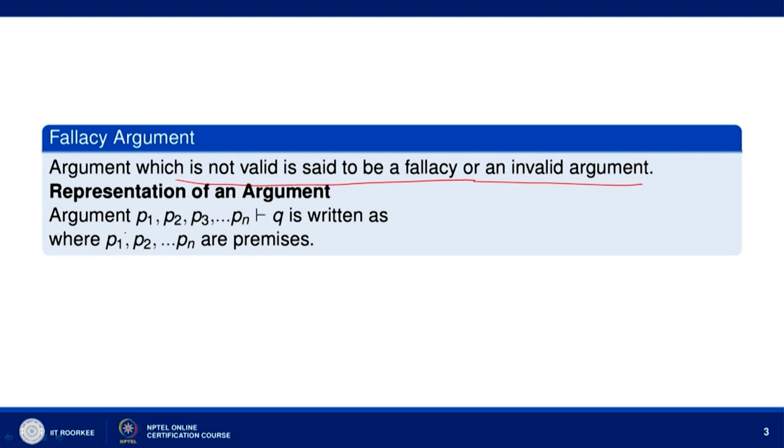Representation of an argument. Argument P1, P2, P3, Pn gives Q is written as P1, P2, Pn, these are premises, and then we write a horizontal line and Q, this is the conclusion.